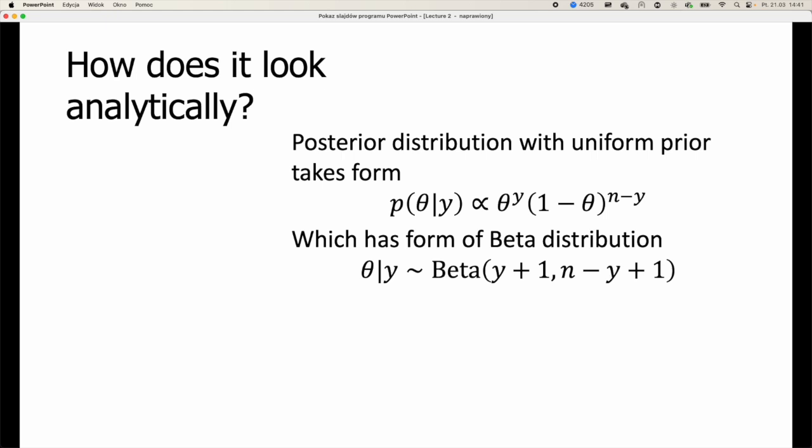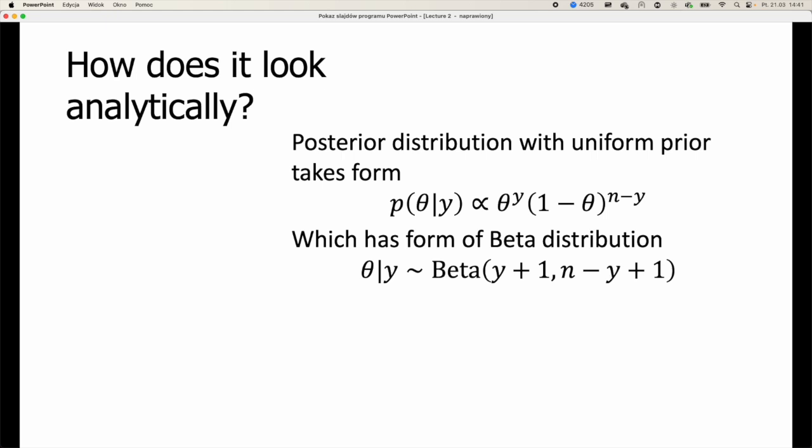And because now our dependent value is theta and our independent is y, it's no longer a binomial distribution, because binomial distribution was a distribution on integers, right?